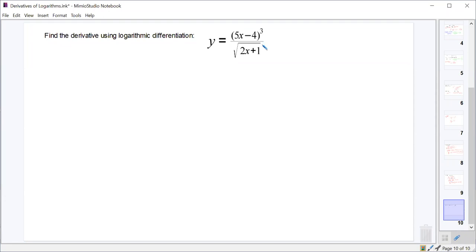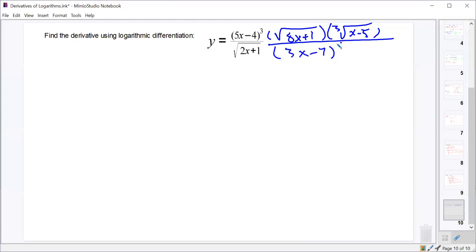But it's a little bit of a pain because both pieces of it require the chain rule. And suppose I added in also a square root of 8x plus 1, and a cube root of x minus 5, and down here I put in a 3x minus 7 to the 8th power, then it's going to become a real huge pain. Would you guys agree? Yeah, we're not going to do that.